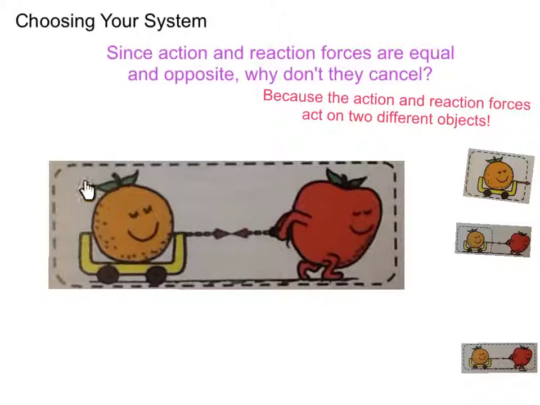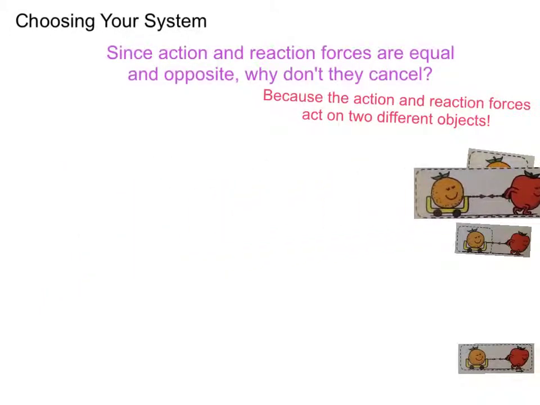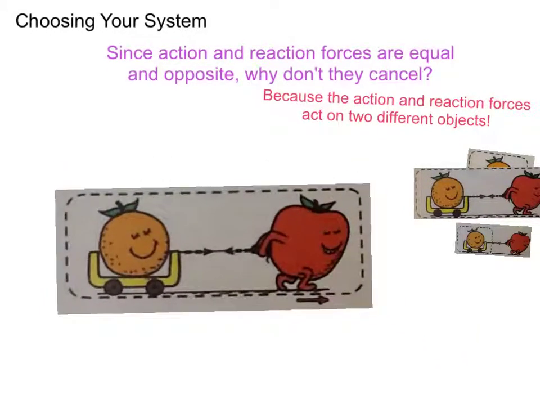So in this case, the forces do cancel because we're considering our system to be both the orange and the apple. A force external to this system is needed to accelerate it. So where does that force come from? In this final picture, we see that the force comes from the friction from the floor here.